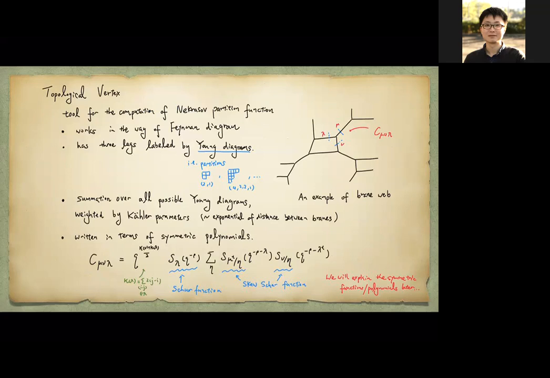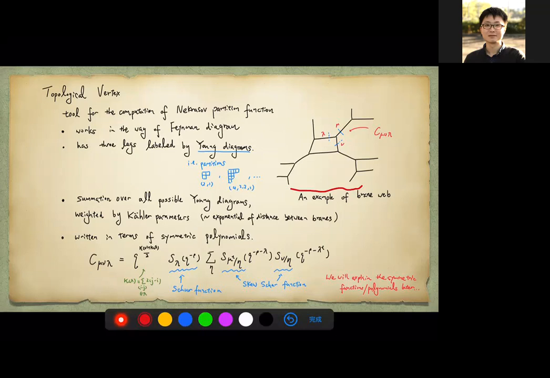It has 3 sub-indices, and diagrammatically it has 3 legs, labeled by Young diagrams. If we have a diagram that looks like this, then we have a lot of vertices, a lot of intersection points of these 5 branes, and they are the basic ingredients.